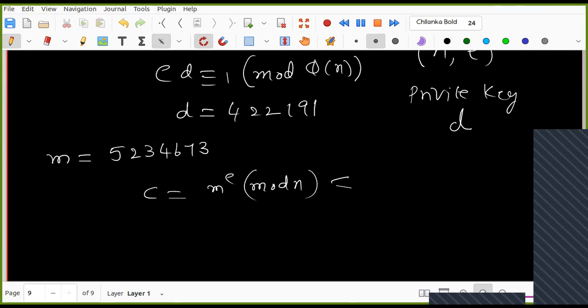This is going to be some number like this, modulo n I'm doing: 3650502. So the ciphertext is this. Now decryption. This is encryption.